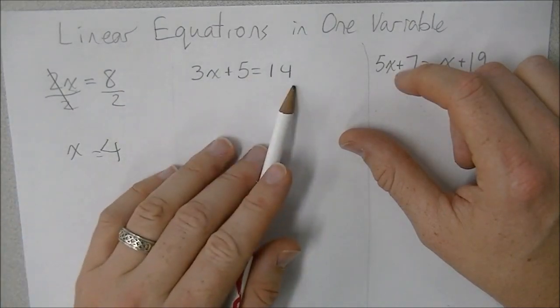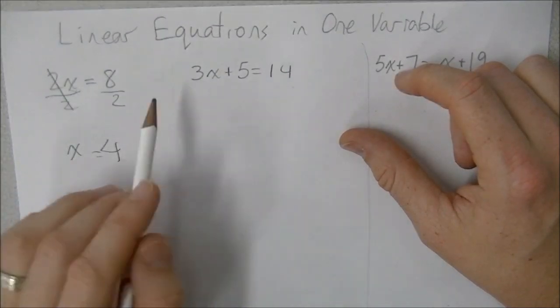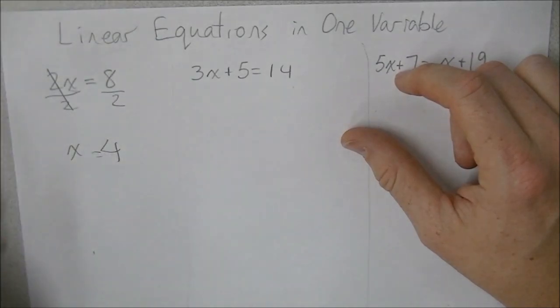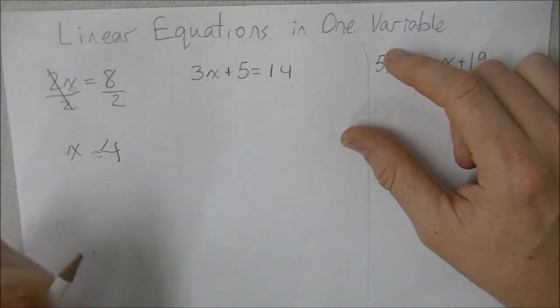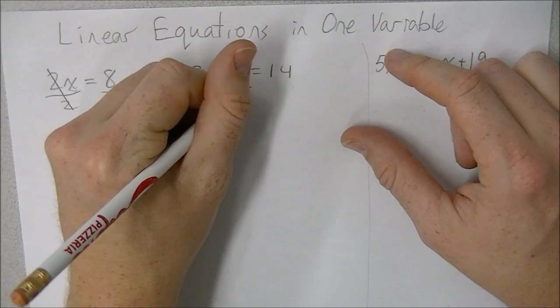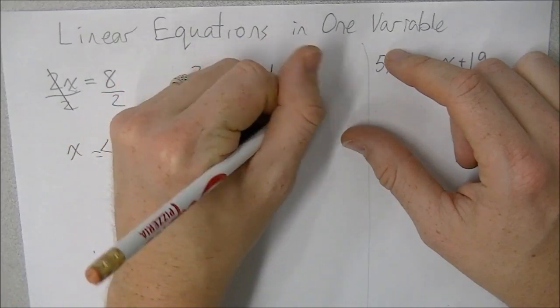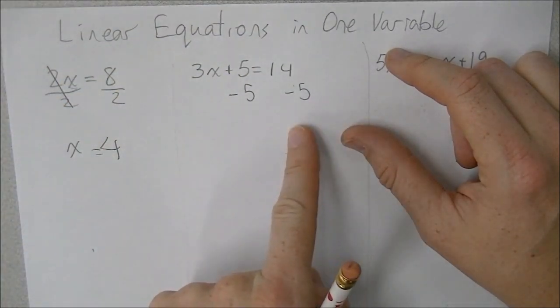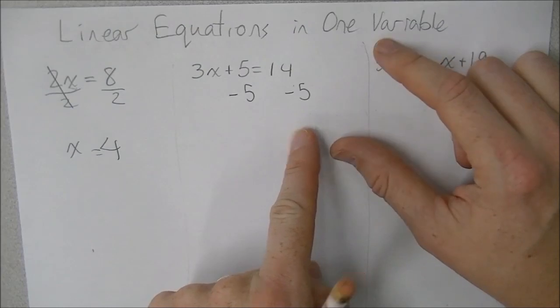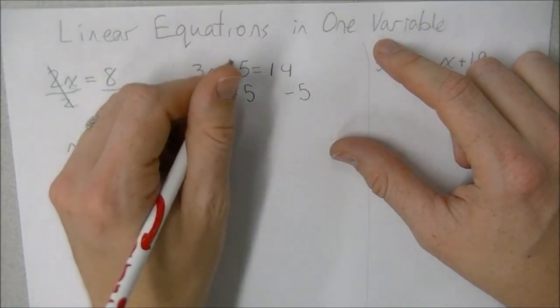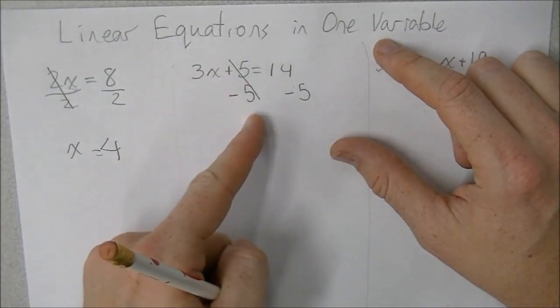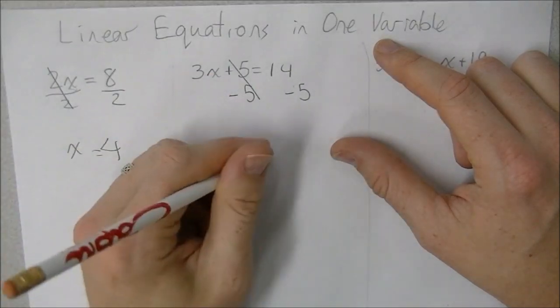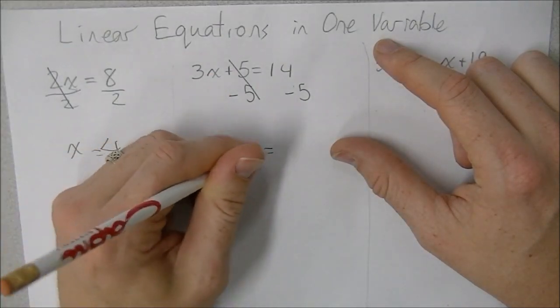So from there, I know that I need to undo it in the opposite order. So I'm going to subtract 5 from both sides. I'll write a little note down here that I'm subtracting 5. When I subtract 5 from this side, the plus 5 and the minus 5 disappear, and I'm left with 3x.